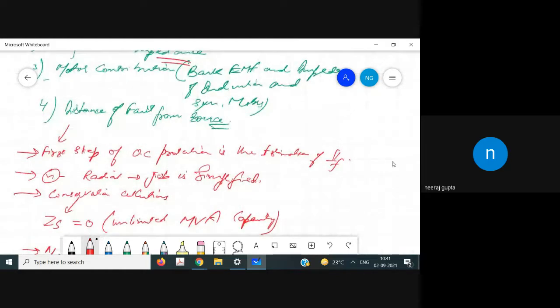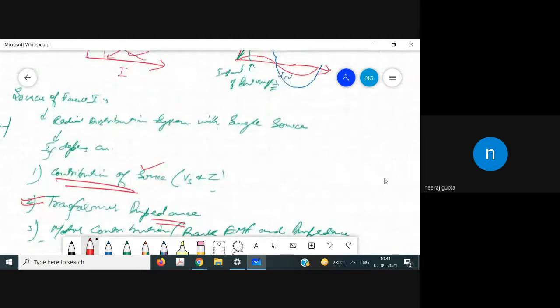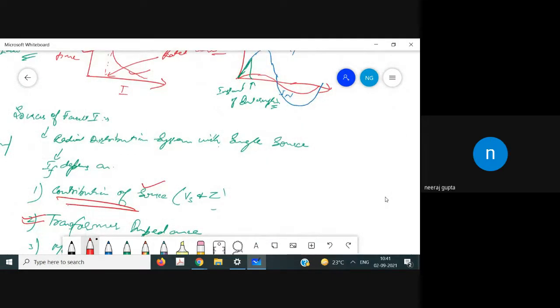So what is the source of the fault current?